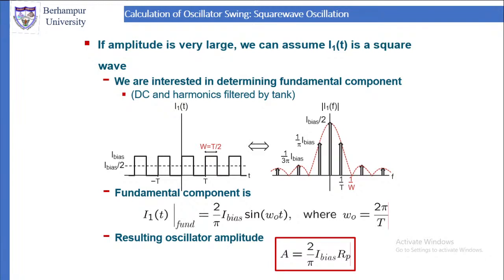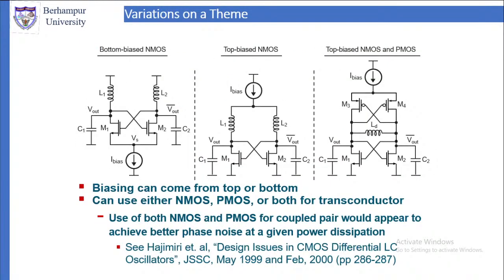So A is equal to 2 by pi into I bias into Rp, because it will be taken across a resistor, so the drop in the resistor is to be taken into consideration, so that Rp will be multiplied.